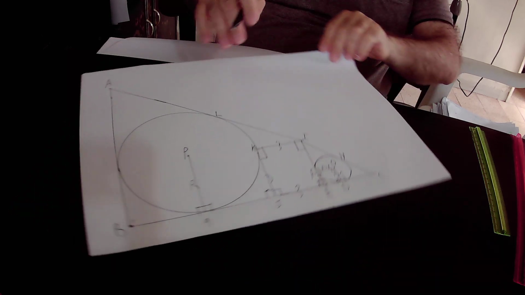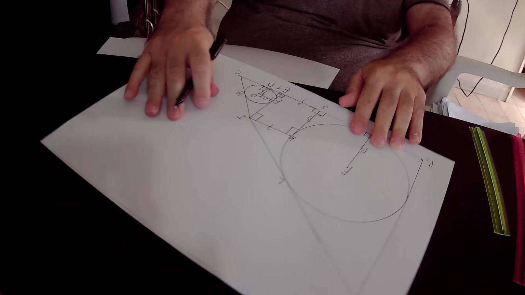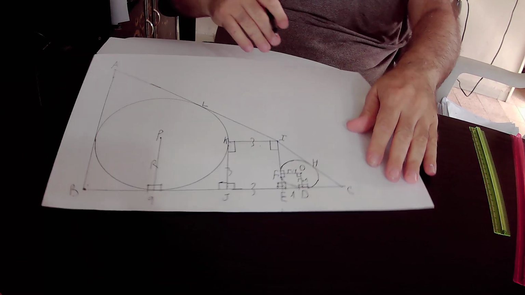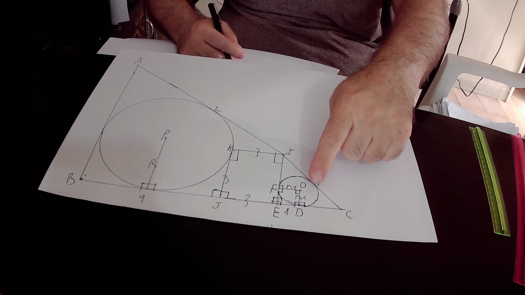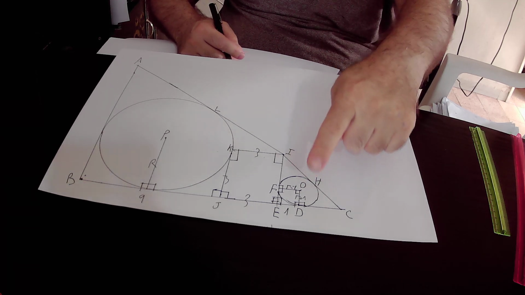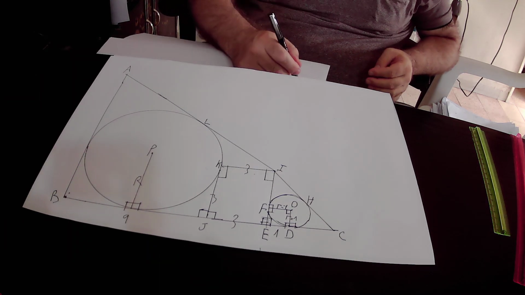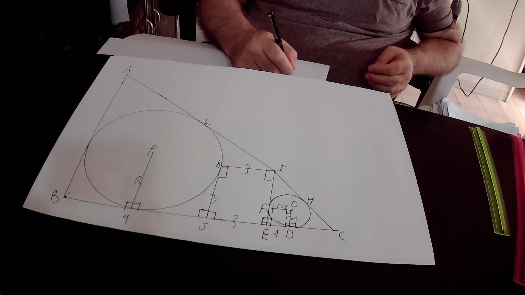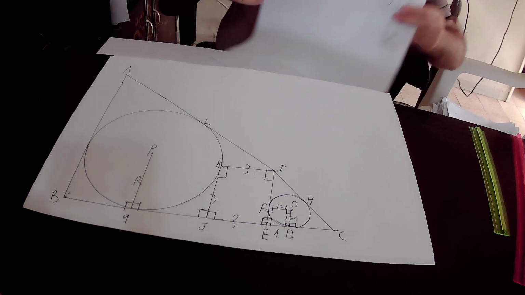And right here in the drawing, ED equals 1 unit. Likewise, according to the same rule that the opposite sides of a rectangle are equal to each other, we get that OD equals FE.